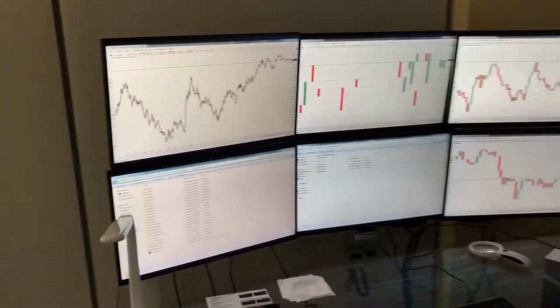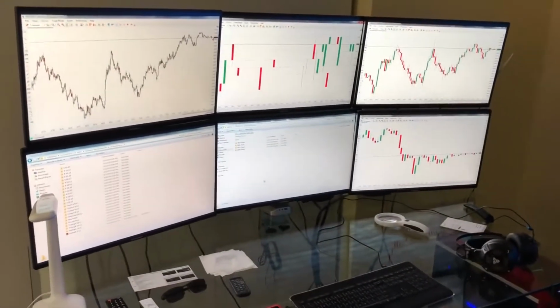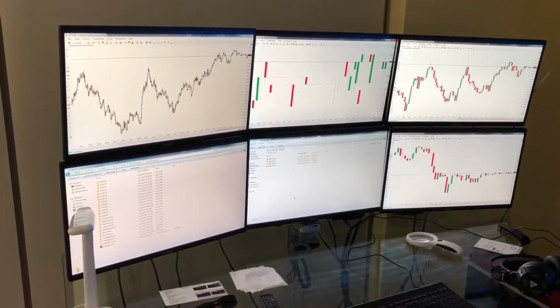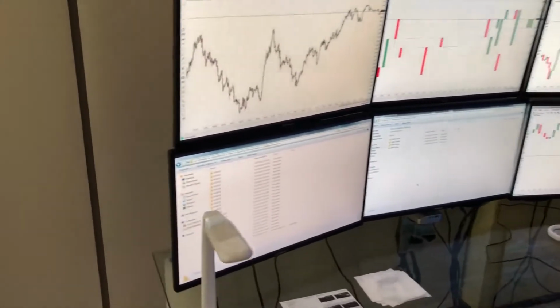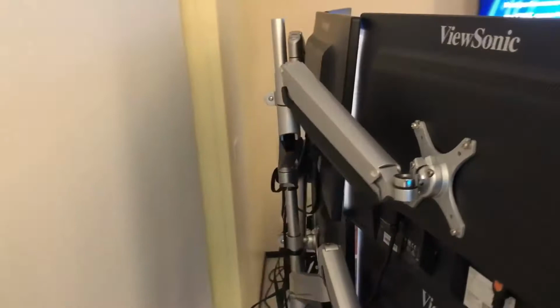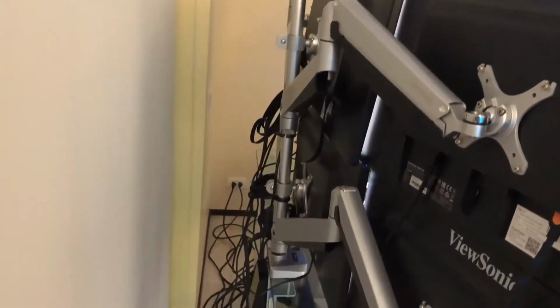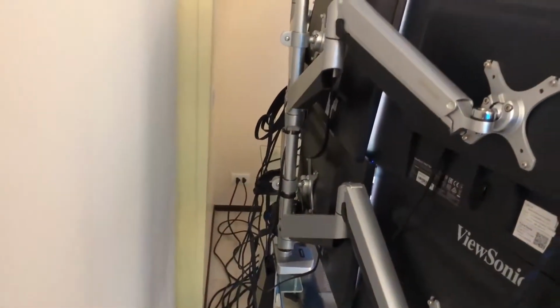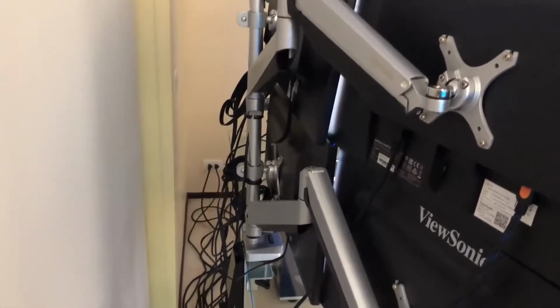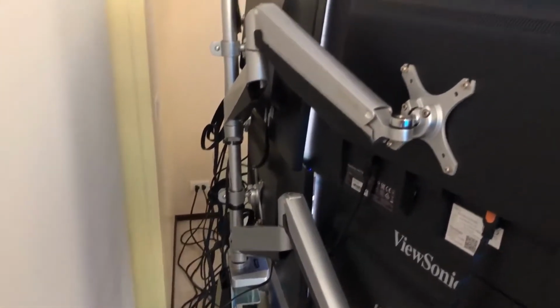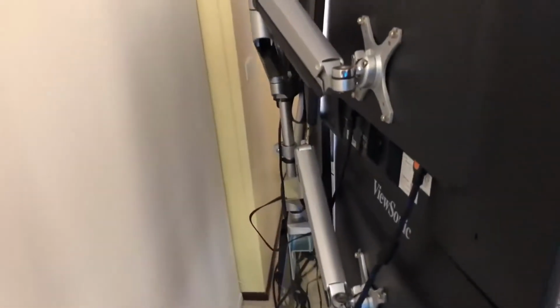And of course, I've got my 6 monitor setup here with a real nice monitor mount there to hold the monitors. It's made in China.